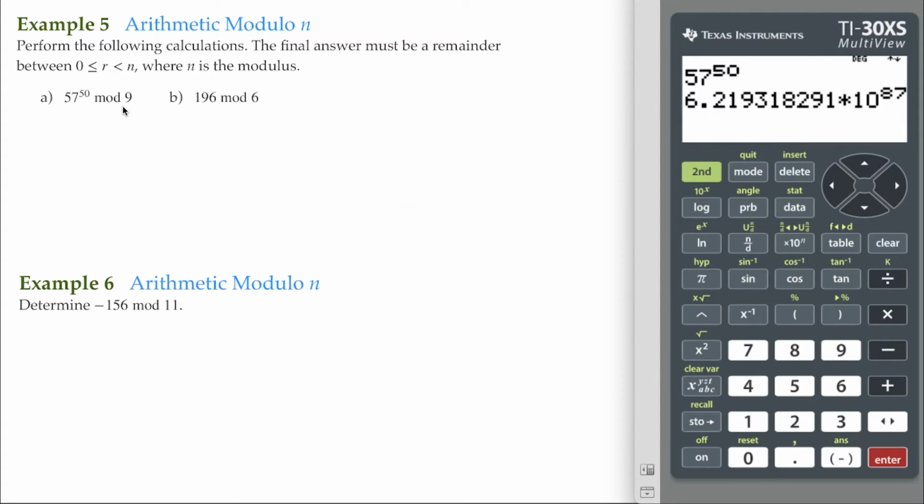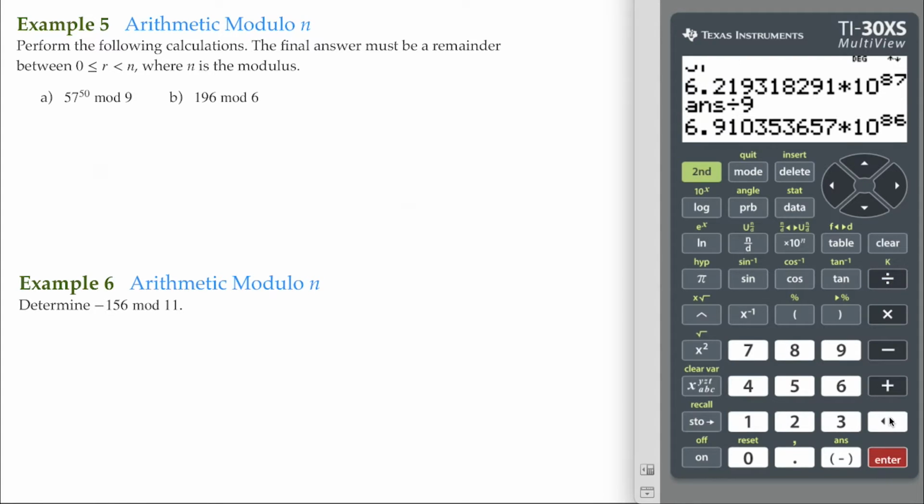And if we were to divide that by 9, it's almost like it doesn't even look any different. It's still an exceedingly large number. But again, since 57 to the 50th power is 57 multiplied to itself 50 times, then if we did 57 modulus 9, 9 goes into 57 6 times with 3 left over, so this winds up equaling 3.